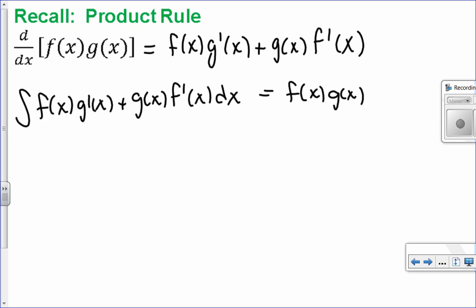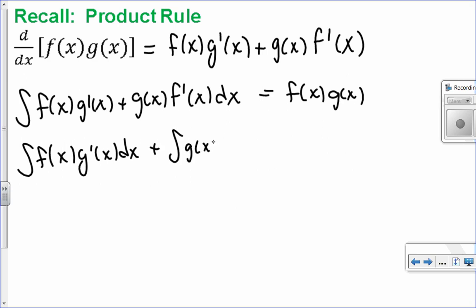Now you'll notice that this is split up of functions that you can take the integral of and functions that you can easily take the derivative of. So we're going to split these two integrals into the integral of f of x g prime x dx plus the integral of g of x f prime x dx is equal to the product of f of x times g of x.